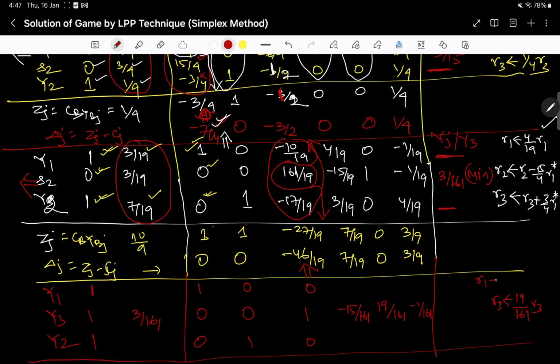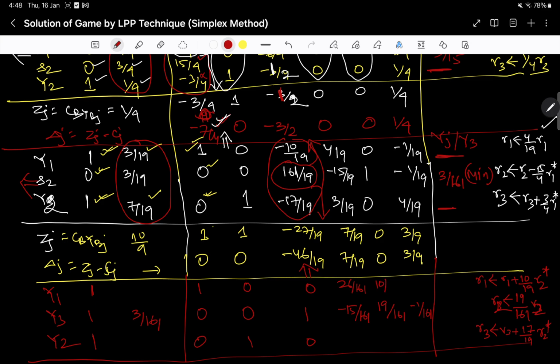Here R1 is replaced by R1 plus 10 by 19 times new R2. Then similarly here R3 will be replaced by R3 plus 17 by 19 times new R2. Okay, so after this calculation it will give you 26 by 161.